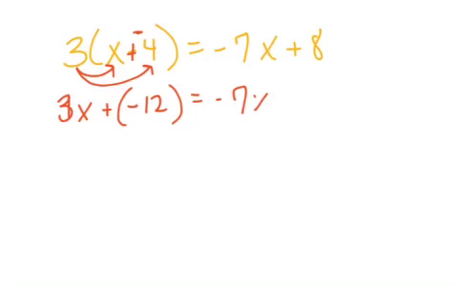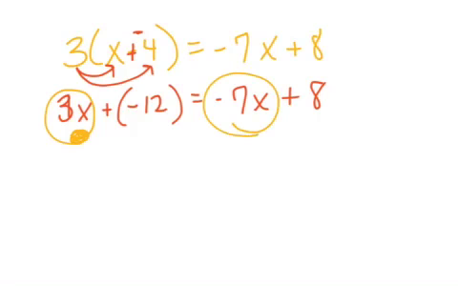Now, I see some kids that want to start combining this 3x and this, but you can't do that because they're on the opposite side of this fabulous equal sign right there. But I can bring them over to one side, and I always choose the side that's going to leave me with a positive variable.